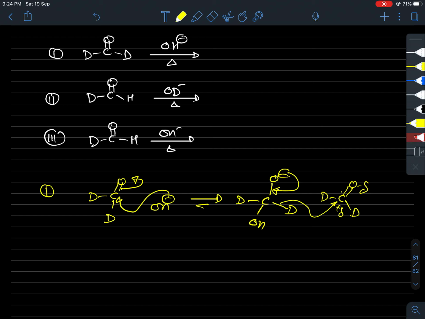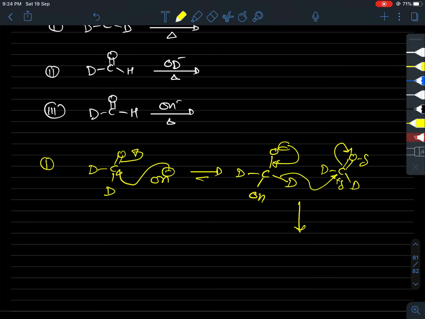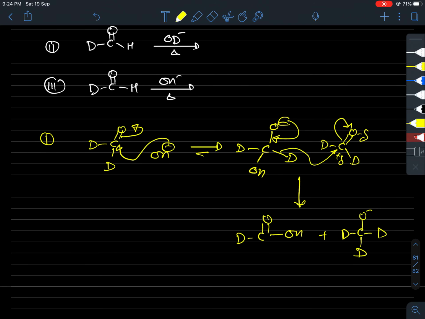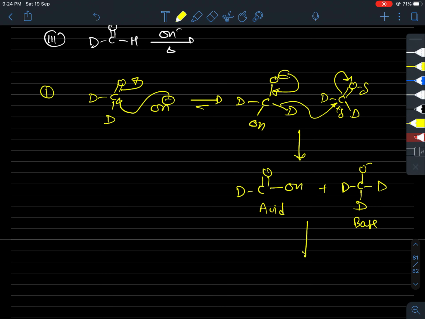So if it is migrating, what will happen? We are going to get D-C double bond O-OH along with D-C-O minus and D, and here D. Right. And thereafter this is a reasonably good acid and a good base, so simply an acid-base reaction will take place, that means proton transfer. So what will be the product?